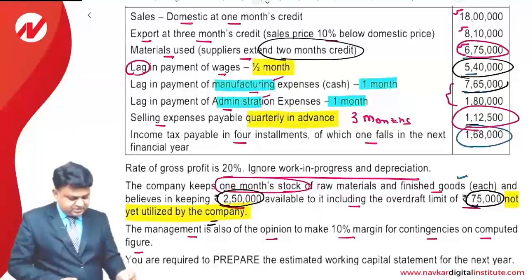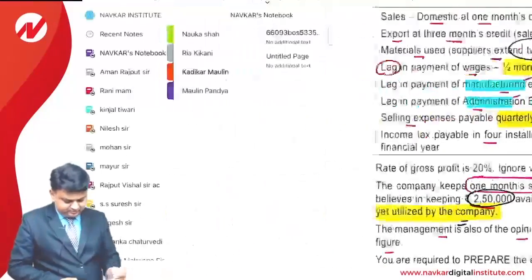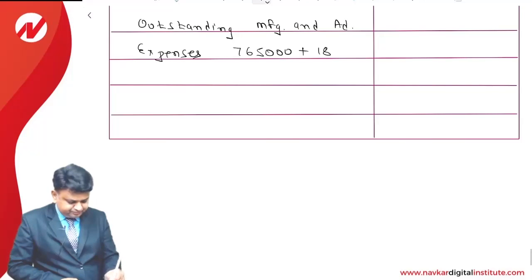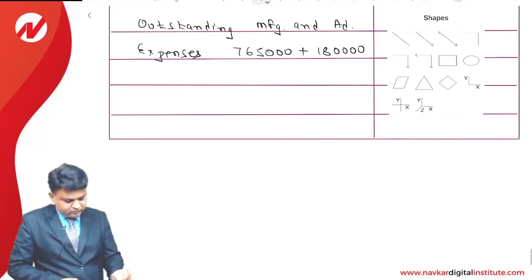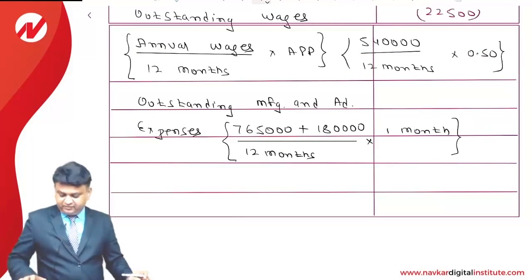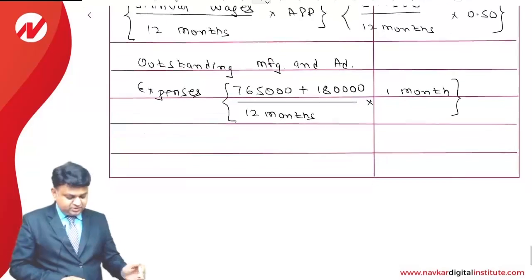Annual expenses 765 and 180. 765 plus 180 divided by 12 months into 1 month. This is the way we can compute the answer. 765 plus 180 divided by 12, 78,750.